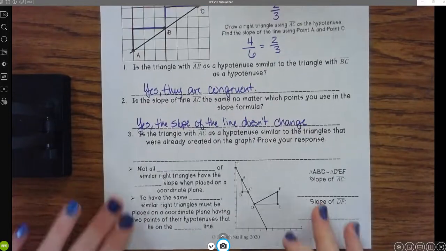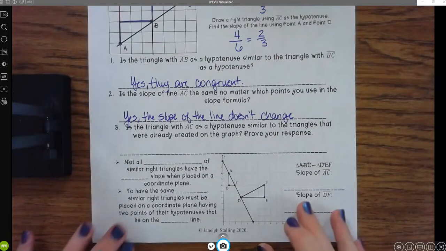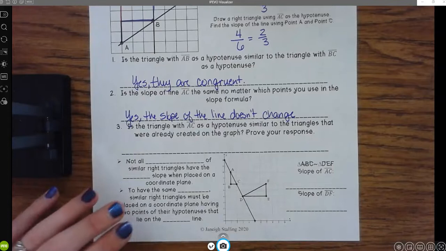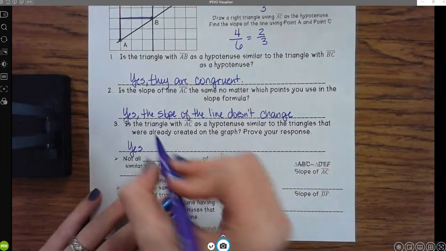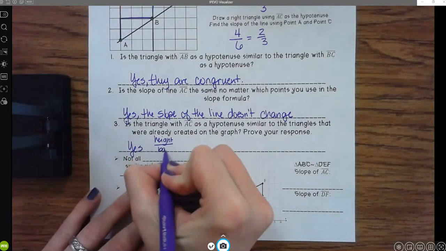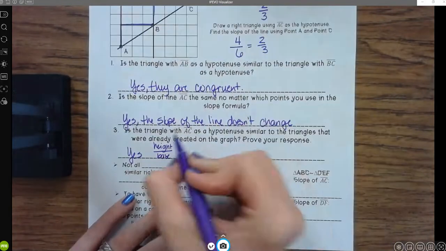And then number 3 says, is the triangle with AC as a hypotenuse, so that's the big triangle we drew, similar to the triangles that were already created on the graph? Prove your response. So yes, they are similar. If I compare the height and the base of these triangles, we're going to call the vertical the height.